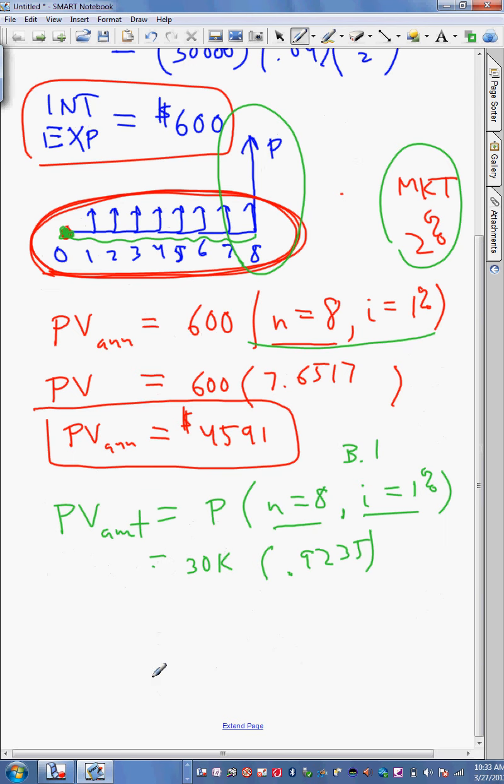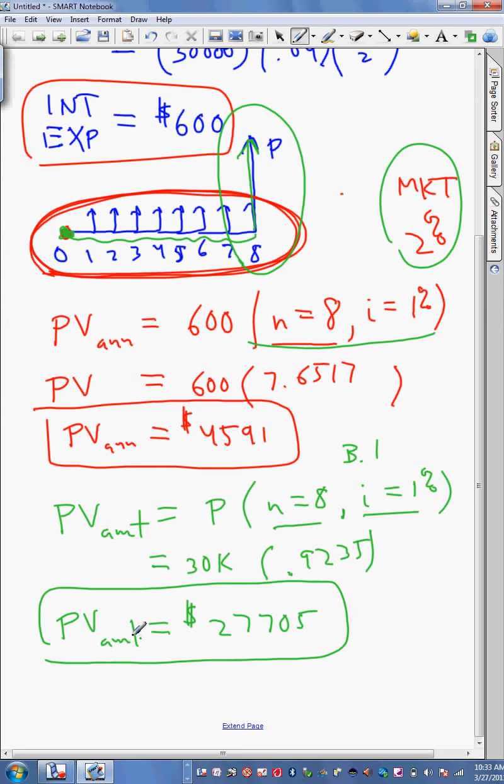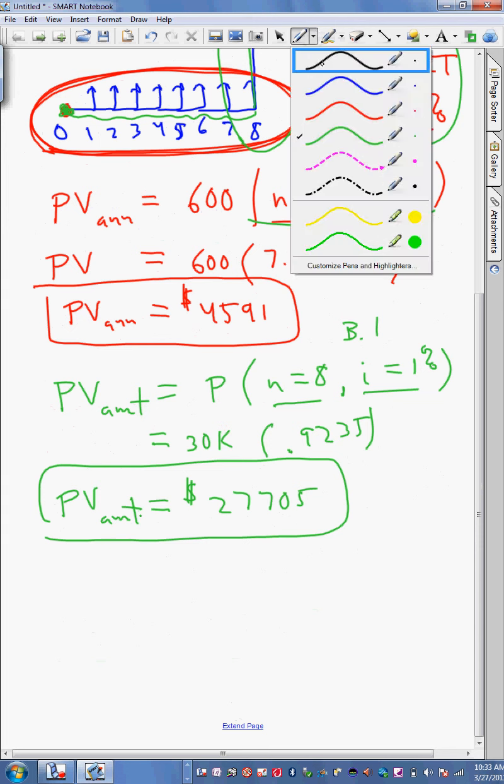Okay, I believe that I will get a value of 27,705. 27,705. There we go. That's the present value today of getting $30,000 8 periods from now. So now I have these two values.